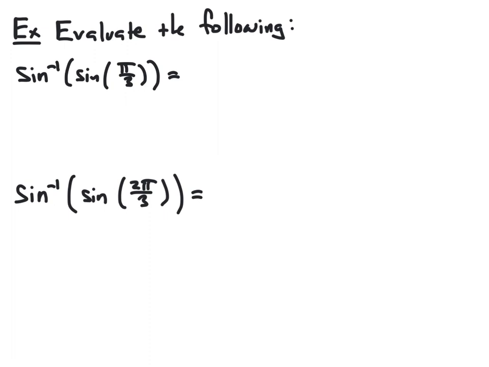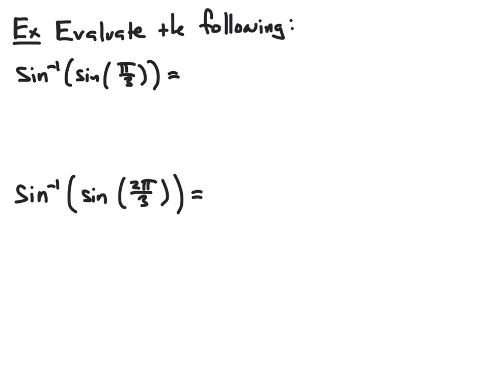However, because of the way the inverse trig functions are defined, and in particular the way the ranges of the inverse trig functions are defined, we need to evaluate these types of compositions with care. Sometimes we will get the correct angle back, and sometimes we won't. The easiest way to approach these is to simply evaluate the trig function first, and then compute the inverse trig function of that ratio.